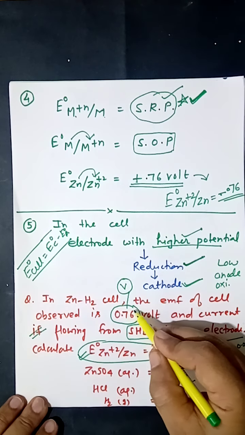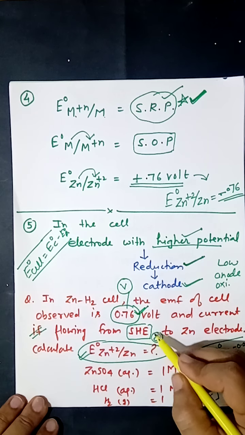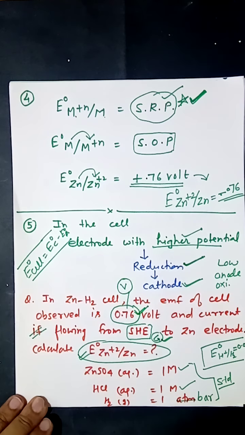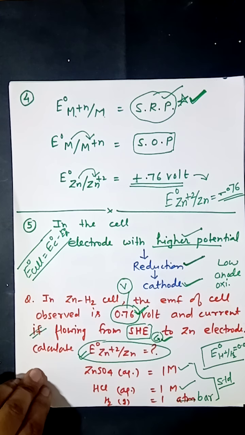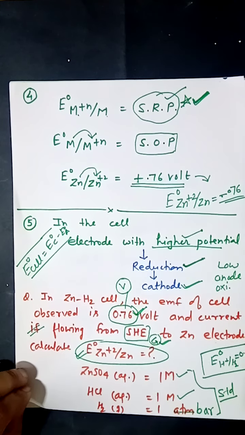With the help of the voltmeter you can determine this value 0.76, that is E naught cell. The galvanometer tells us the direction of flow of current is from the hydrogen electrode to the zinc electrode, and now we need to find out the standard potential of the zinc electrode. How can we determine this?